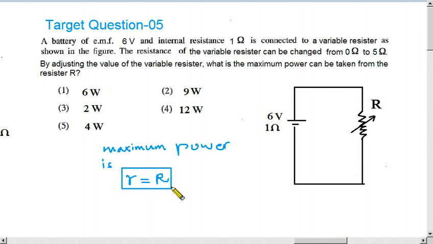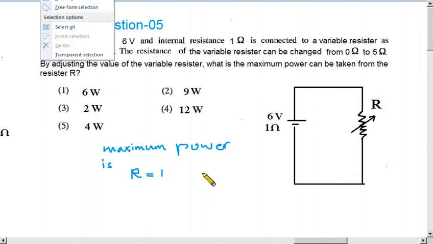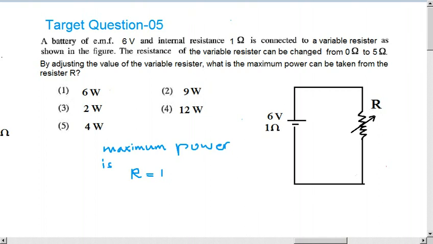Otherwise I can write capital R equals simple R, then we can get the maximum power through that capital R resistor. So you should have this knowledge to solve this.